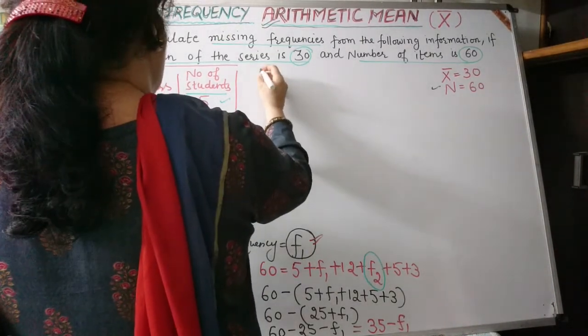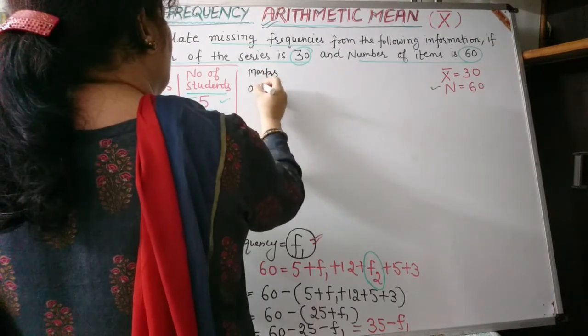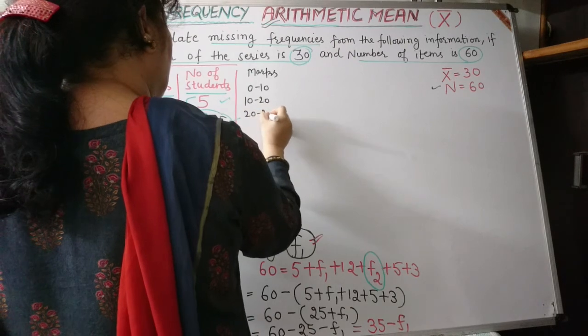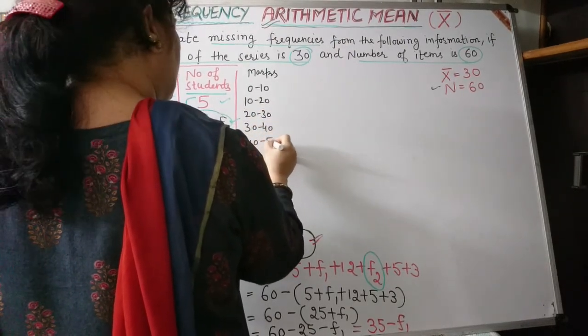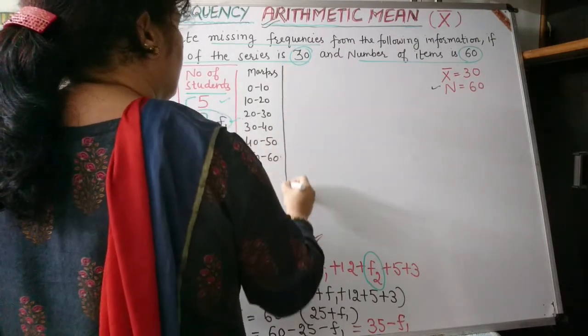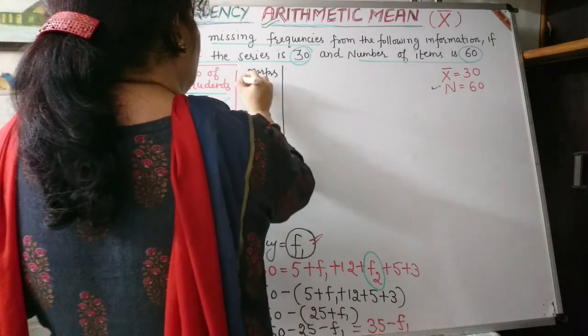So I am writing down again the marks: 0 to 10, 10 to 20, 20 to 30, 30 to 40, 40 to 50, and the last one is 50 to 60. And then I am writing down the frequency.